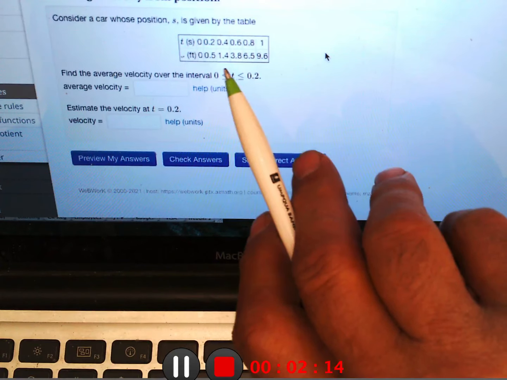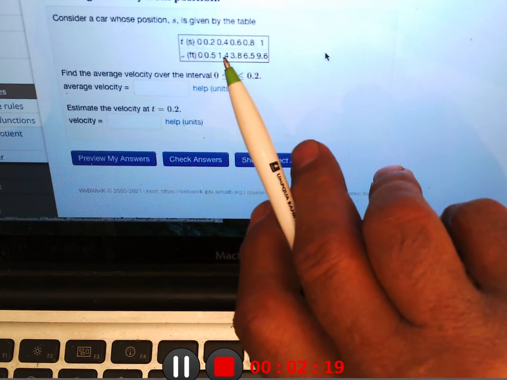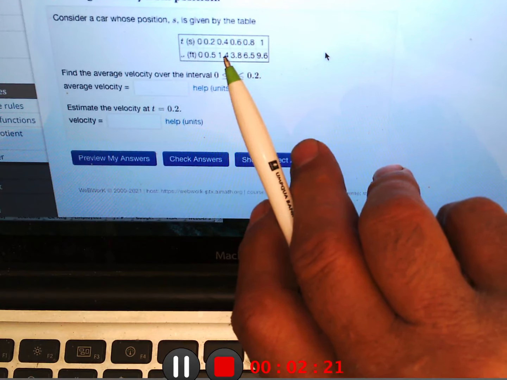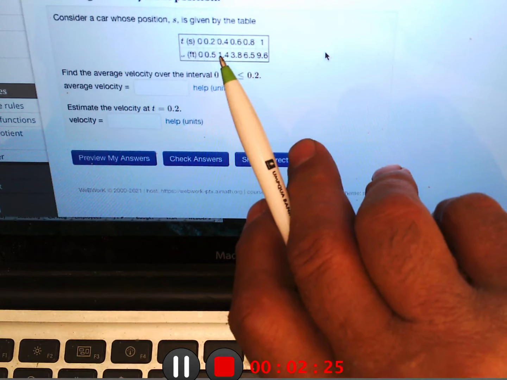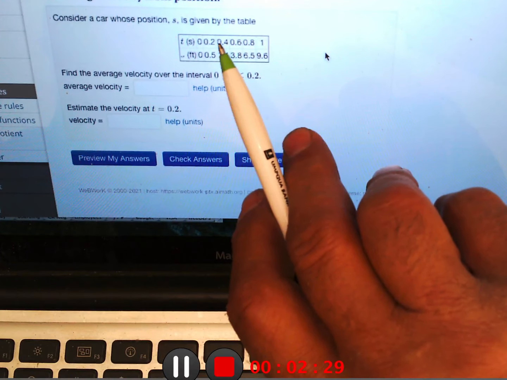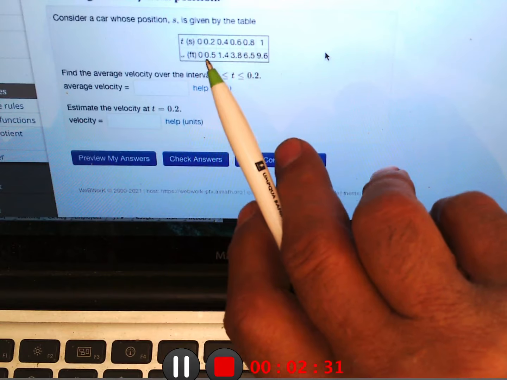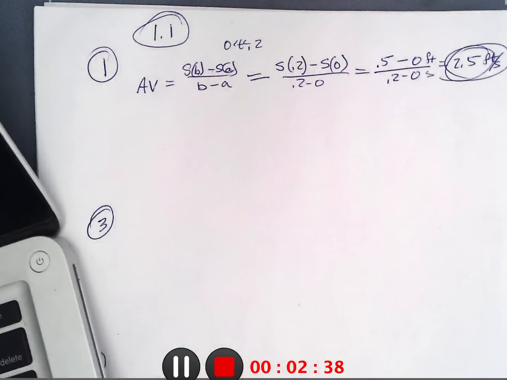We have another change of 0.2 in time, but the distance increased more. Went from 0.5 to 1.4. So there's a greater distance gained in that second 0.2 of a second than the first 0.2. So it's going to be more than what we just got. We had 2.5, so it might be 3 or 4 or 5.